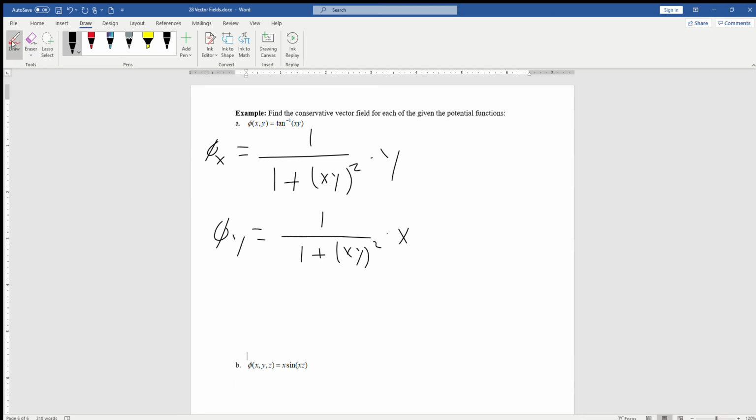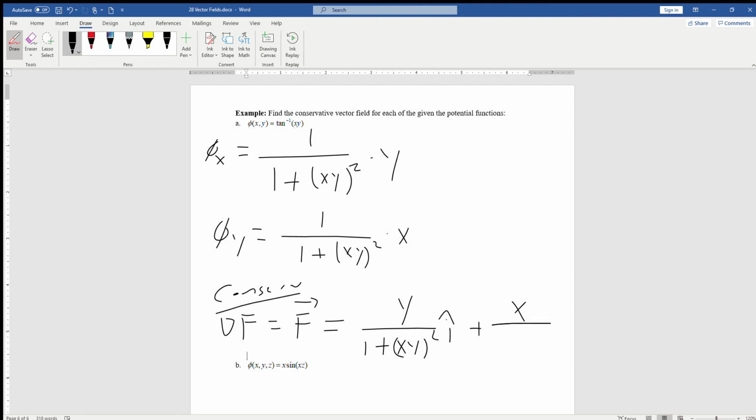We just stick an i and a j in front of those, so our del f, or we could just call it f, which is conservative, is going to be equal to y over 1 plus (xy) squared i plus x over 1 plus (xy) squared j. That's our conservative vector field.